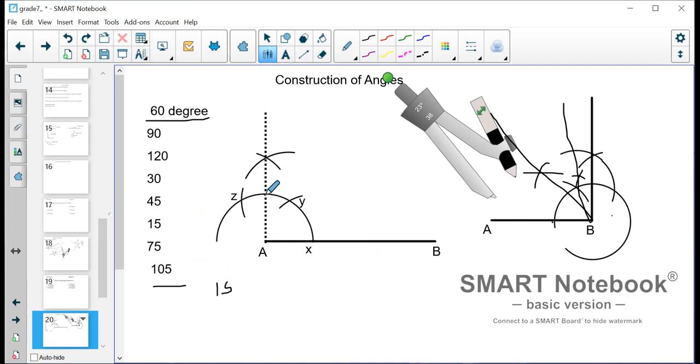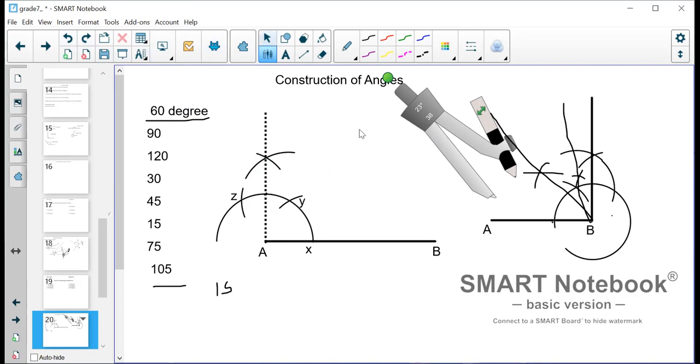We know that this is 90, we know that this here is 120, right? Z is 120. So from 90 to 120, we have 30 degrees again, right? We have 30 degrees in that space. So we need to bisect this space in order to get that 15 that we are looking for.